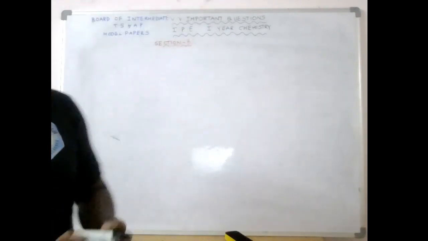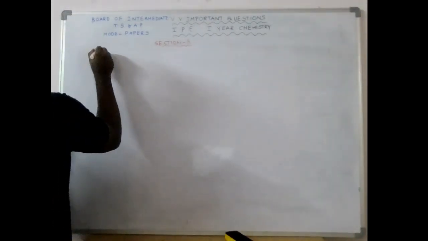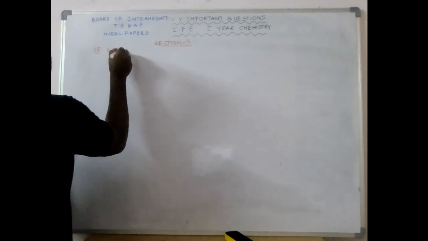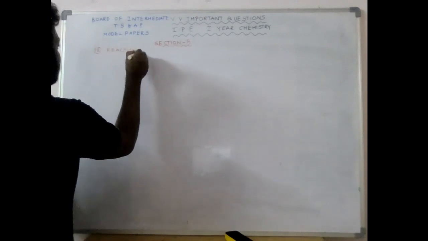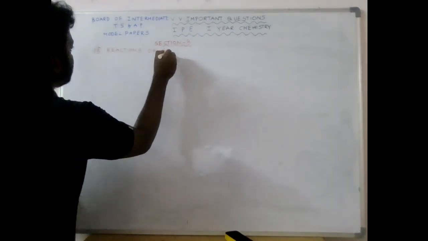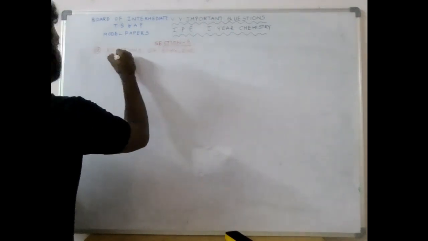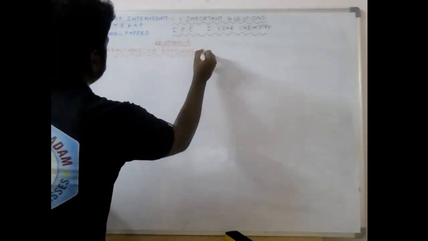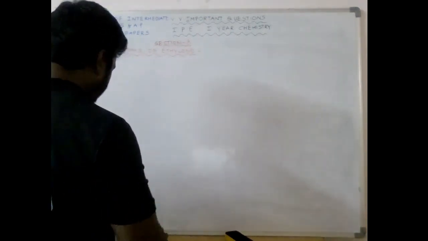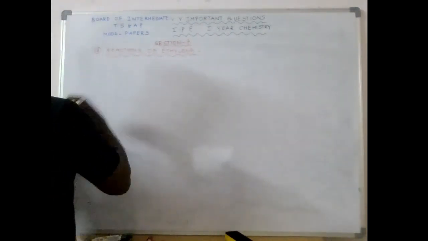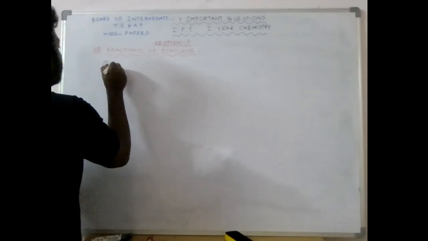Write the reactions of ethylene with the following. Okay. Reactions of ethylene. Last question. So what are those that he gave? One is ozone.